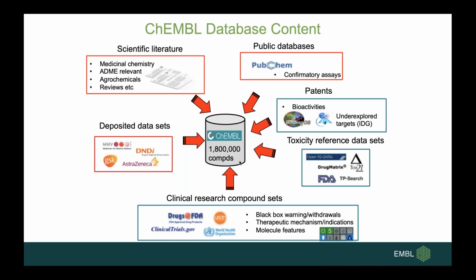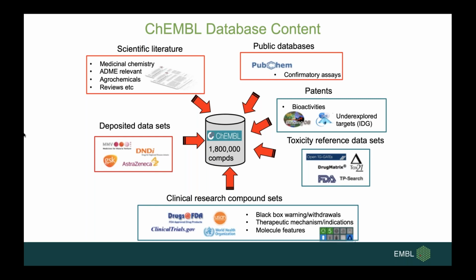So ChEMBL is basically a database of bioactivity data. We've got getting on for 2 million compounds in the database, and primarily the data comes from the medicinal chemistry literature. So we're manually extracting data from the literature and putting it into the database.